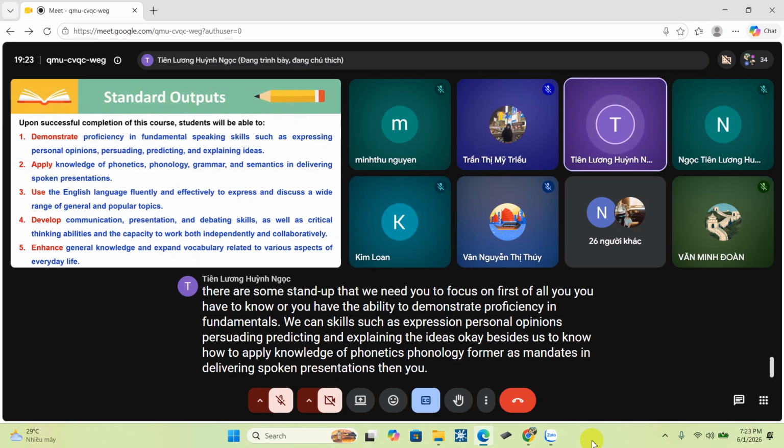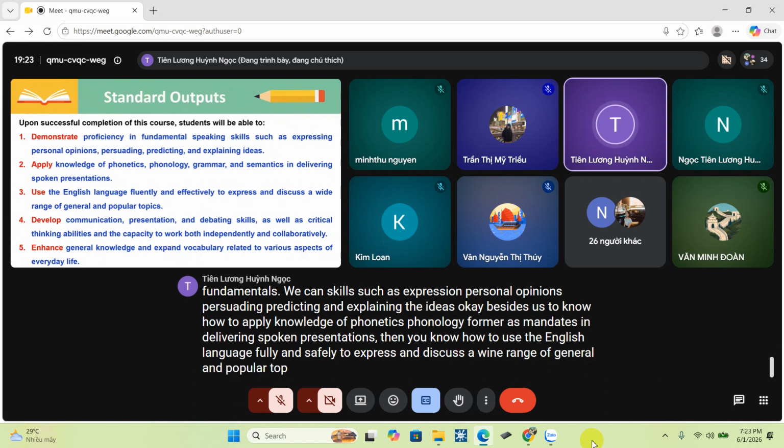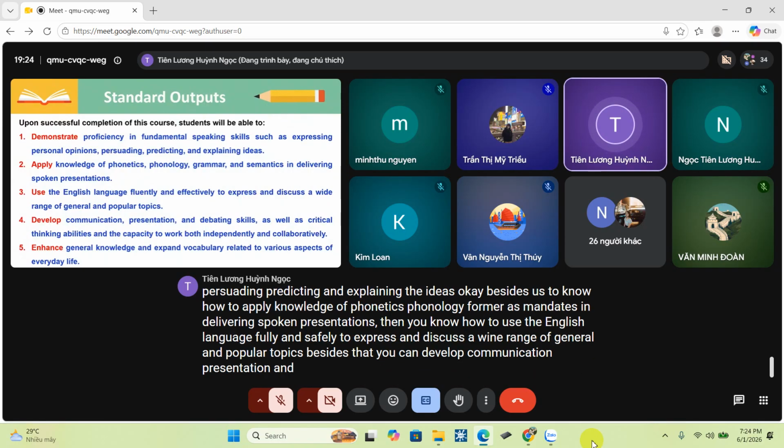Then you know how to use the English language fluently and effectively to express and discuss a wide range of general and popular topics. Besides that, you can develop communication, presentation, and debating skills.